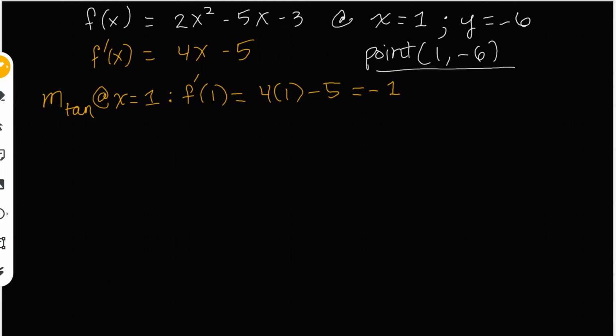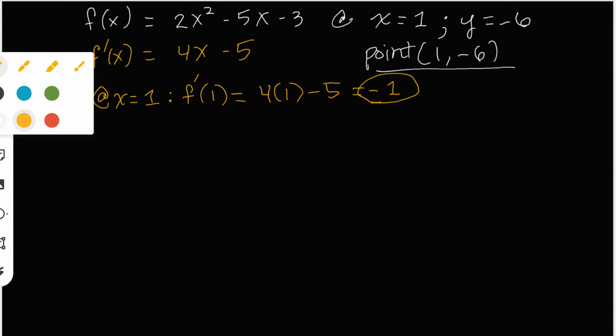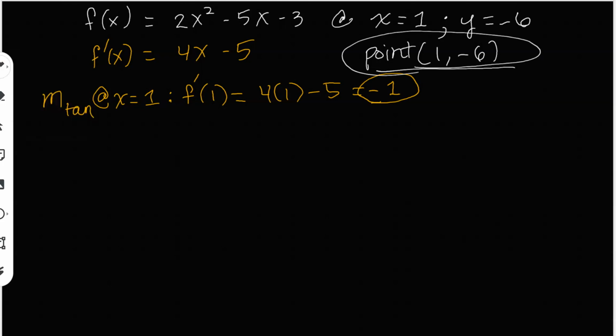So you have this information, slope of negative 1, and the point that we are talking about is (1, negative 6). And so in order to find the equation of the line, we would use y equals mx plus b. y is negative 6. The slope m is negative 5. x is 1.